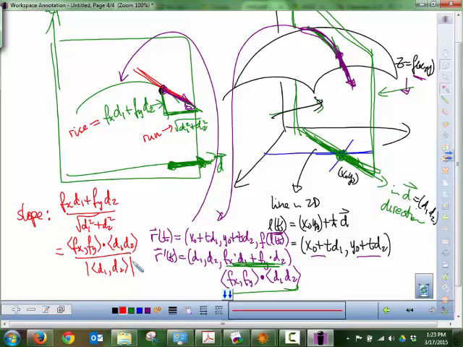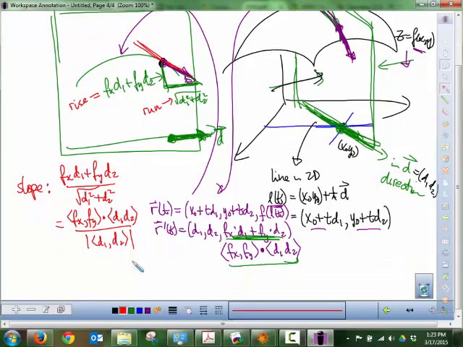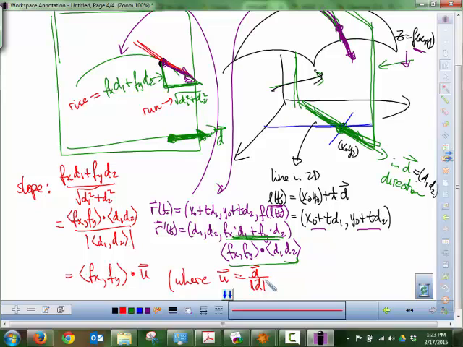So that essentially makes it seem like it should be a unit vector, where u is really the direction divided by its magnitude.